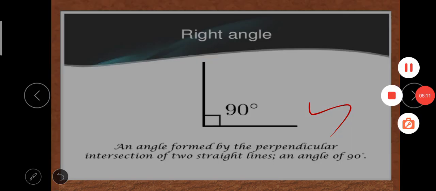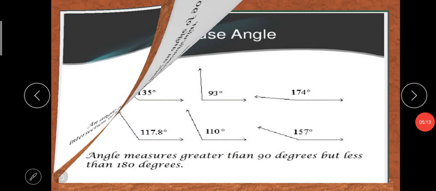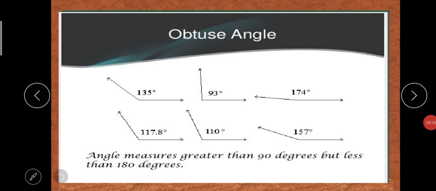Next, the obtuse angle. Here again angles are given: 135, 93, 174, 100, 17.8, 110 and 157. These are more than 90.